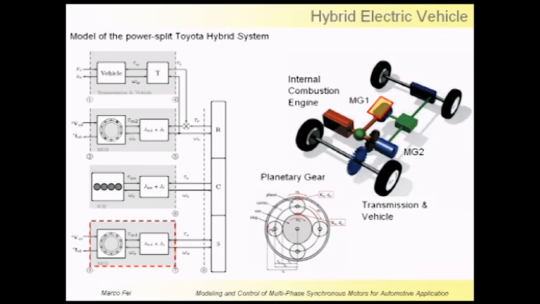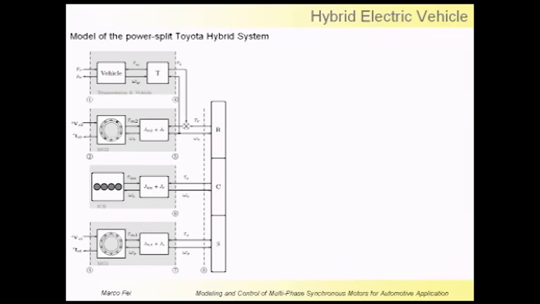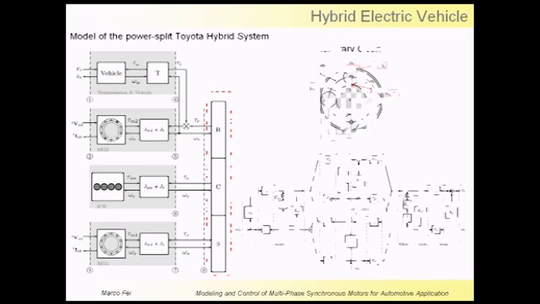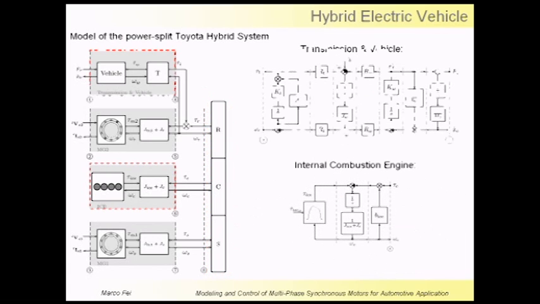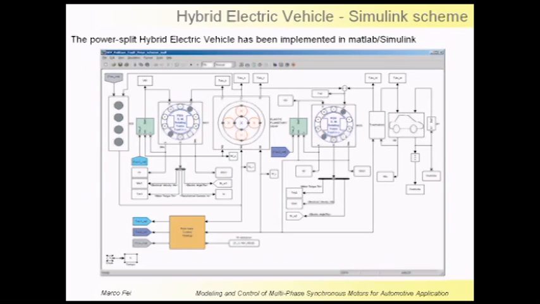model of the multi-phase synchronous motor in faulty condition, and the other subsystems have been implemented using the power-oriented graph modeling technique. So you can see the planetary gear, the engine, and the vehicle. All the models have been implemented in MATLAB Simulink, obtaining this whole powertrain model.